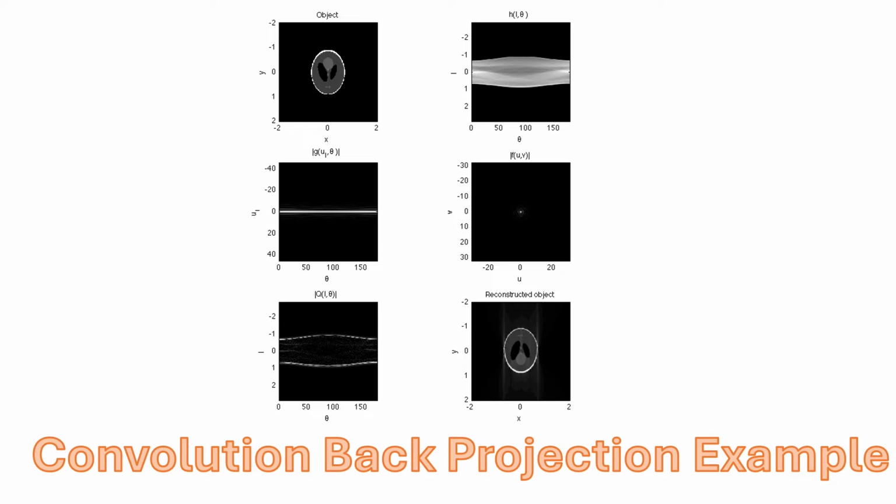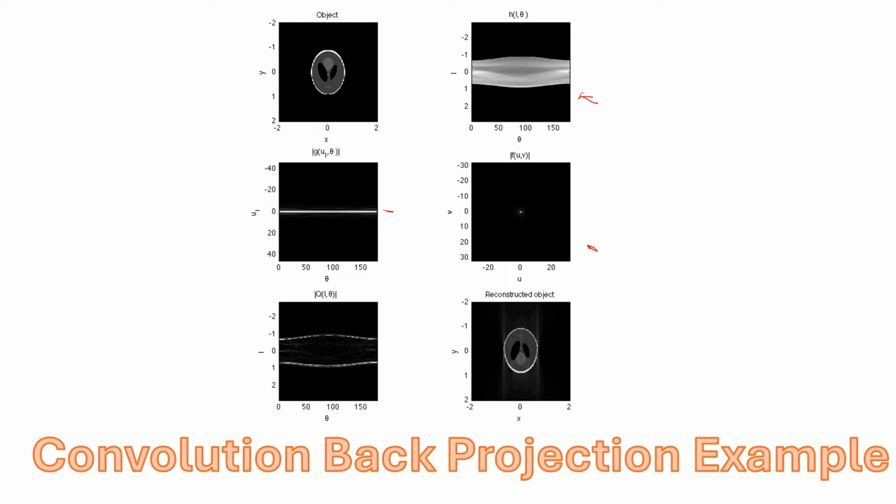So this algorithm looks like this. We would have here a particular object. This is the sinogram of the object. Now, if we take the sinogram and we take its Fourier transform, it has a lot of DC components, so the Fourier transform is heavily weighted toward the origin. So this is a Fourier transform along this L axis, the vertical axis, as a function of theta. Here for comparison is what the Fourier transform of f looks like.